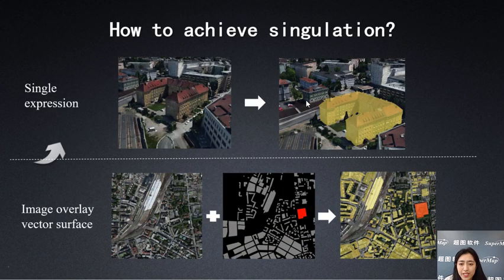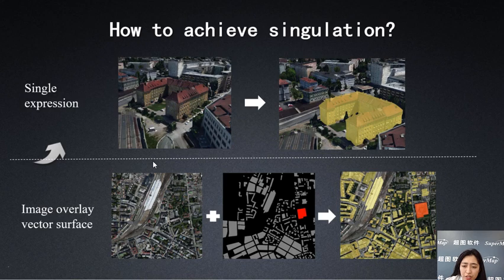So, what is dynamic singulation? It doesn't require pre-processing of the oblique photographic model data, and the singulation is achieved by superimposing the corresponding 2D vector plane.